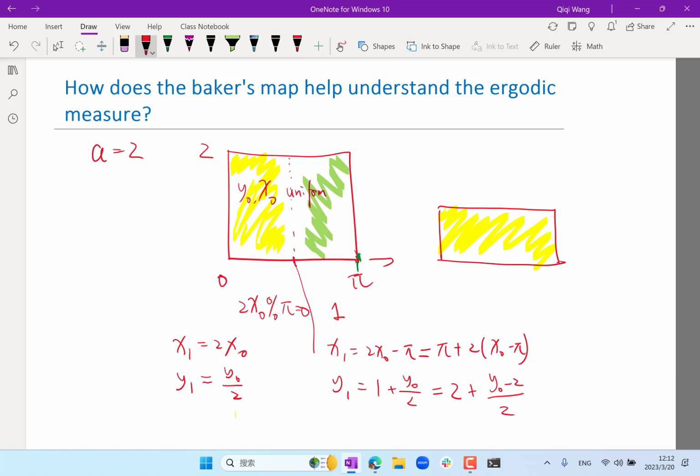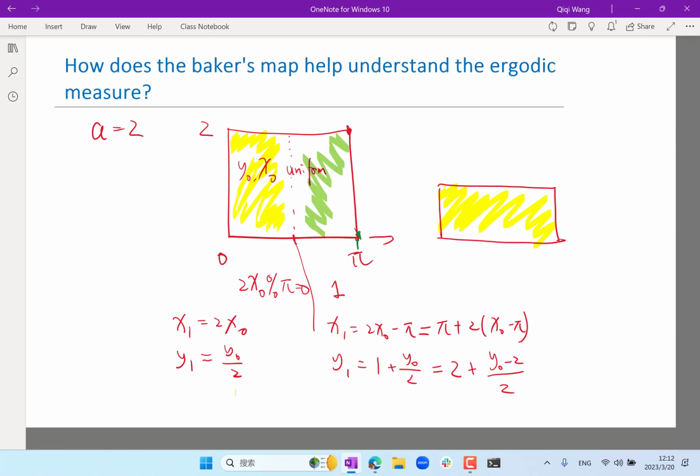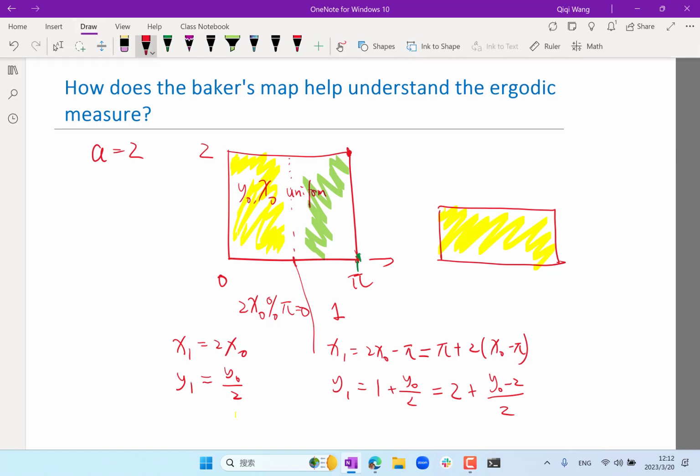So it's the same. Again we're expanding the x-axis and shrinking the y-axis, but using this point as the anchor. So essentially we are expanding the right half of the plane and putting it over here. Agreed?